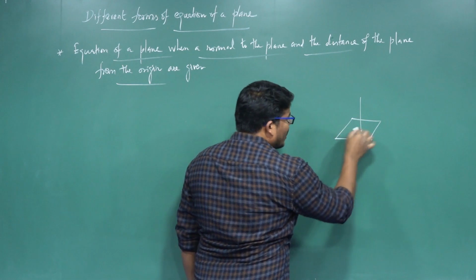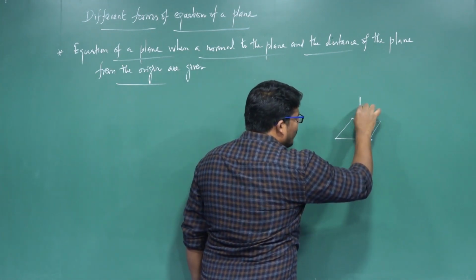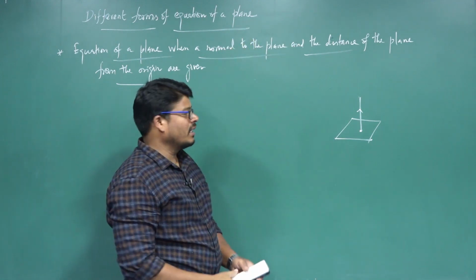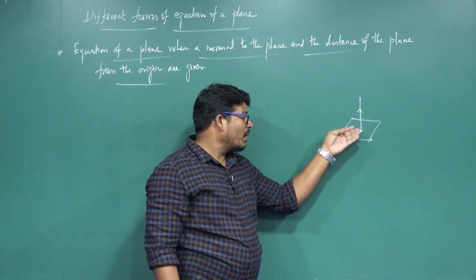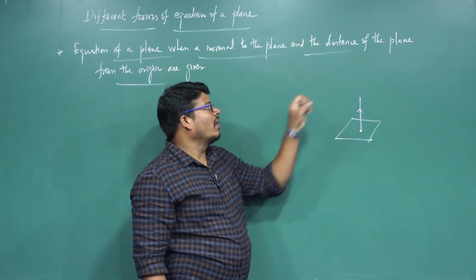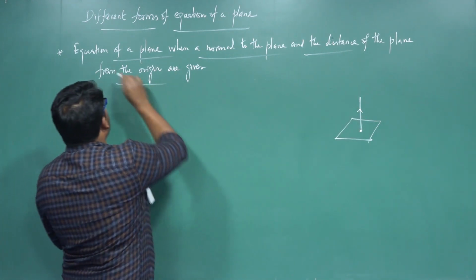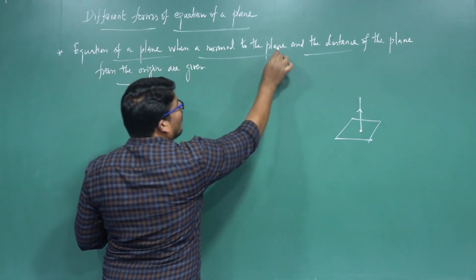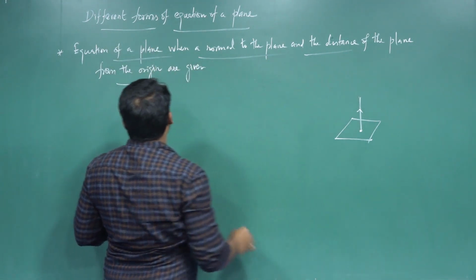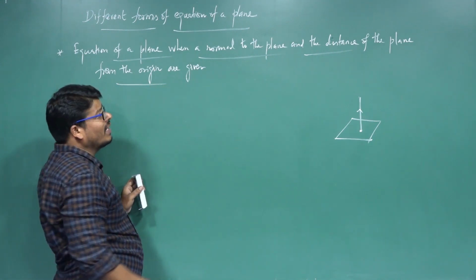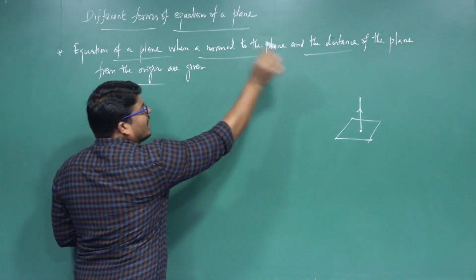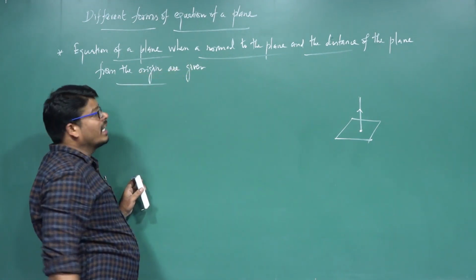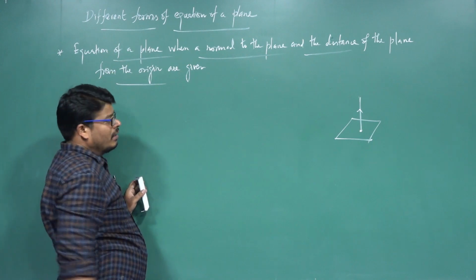So find the equation of the plane when a normal to the plane and the distance of the plane from the origin are given.